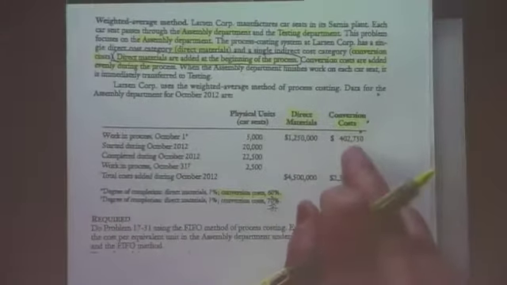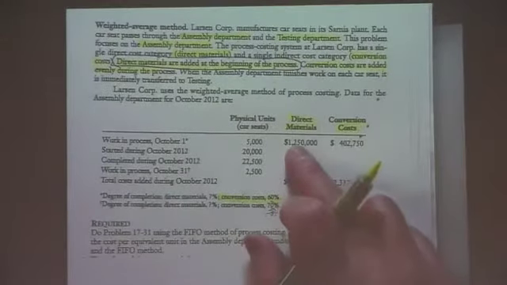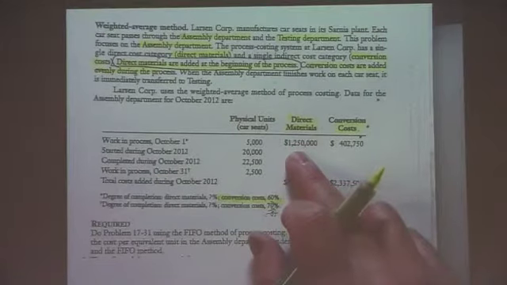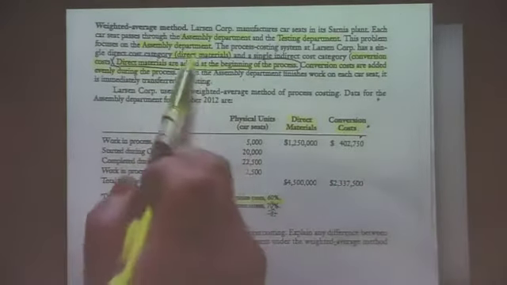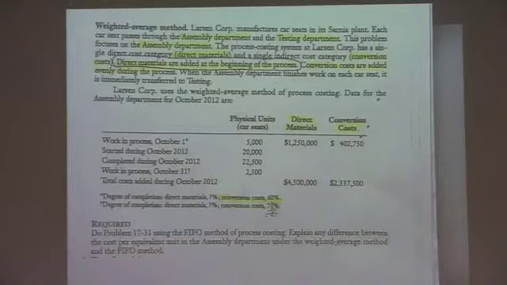So this represents 60%. And 1,250,000 represents 100%. Because remember, the assumption here is that material was added at the beginning of the process, which meant that in last year's production, we would have incurred $1.25 million worth of material.